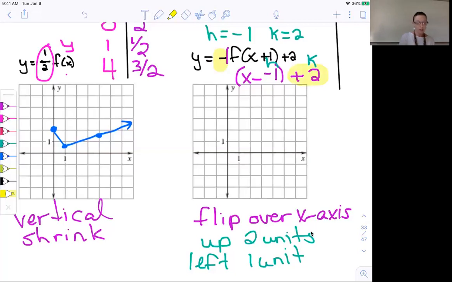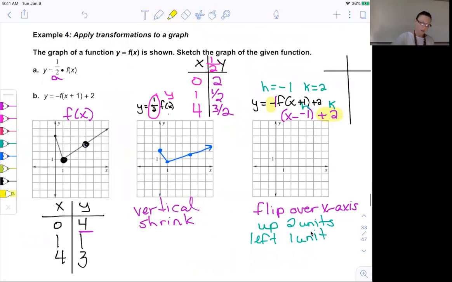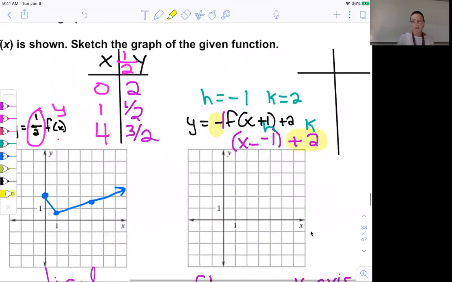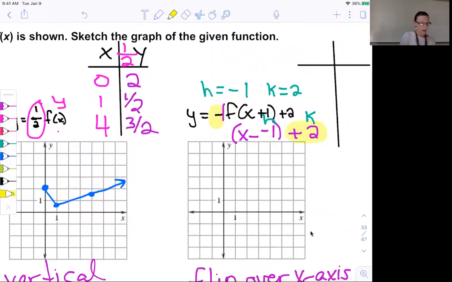So now we're going to try and apply that to our points. I'm going to make a little rule chart over here. Our graph is moving left 1, so I'm going to write that up here for my x value to remind myself that I have to move left 1.